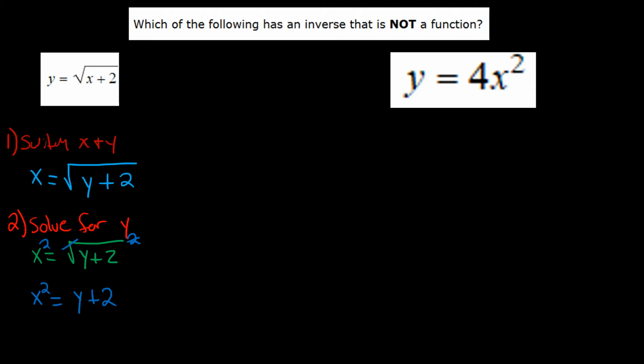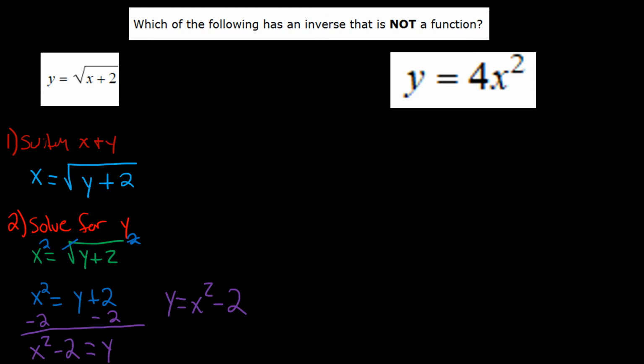I still don't have y by itself, so I want to subtract 2 from both sides. And so we'll get x squared minus 2. And remember, these are two different terms, so we can't combine them. They're not alike. We get y equals x squared minus 2. Then we need to determine, is this a function or not?